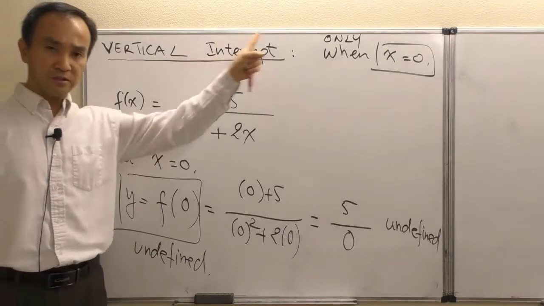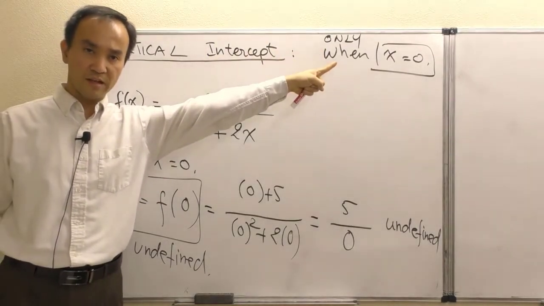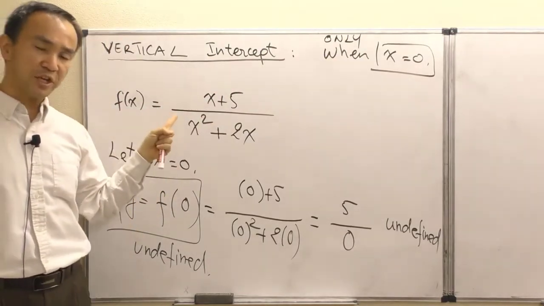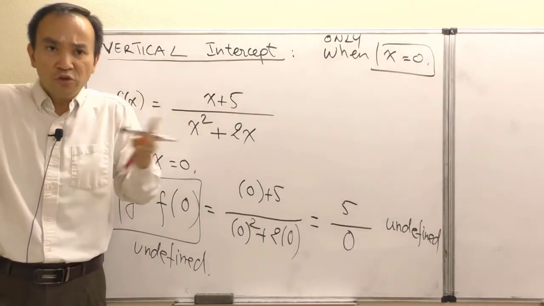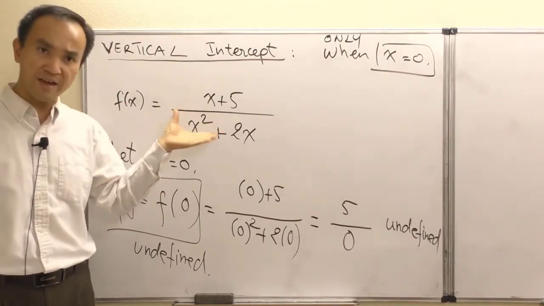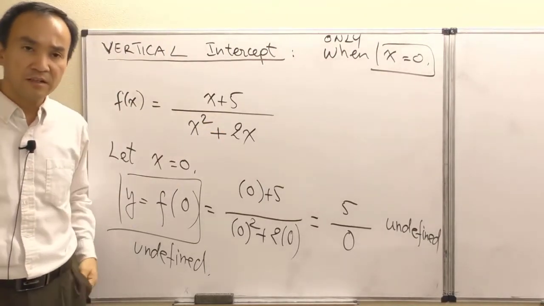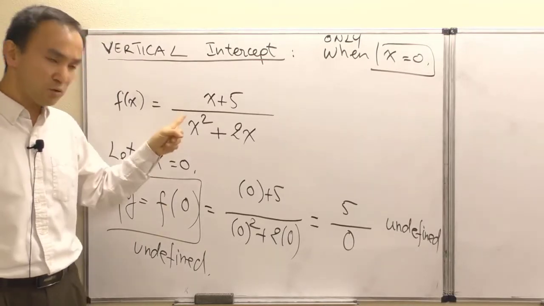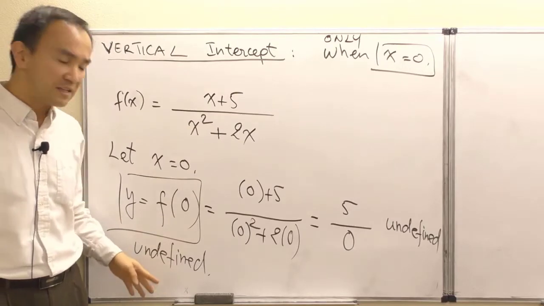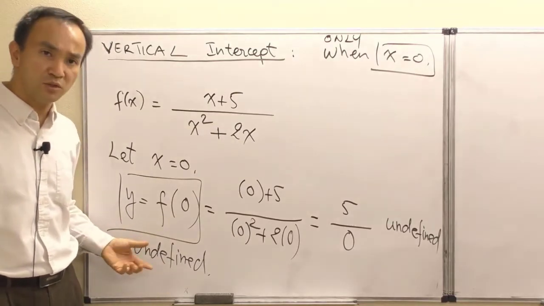Vertical intercepts only happen when x equals 0. But this particular rational function looks just like any other rational function, and it really came out of my own creativity. Unlike the earlier demo problem, this one did not come out with an output y value.